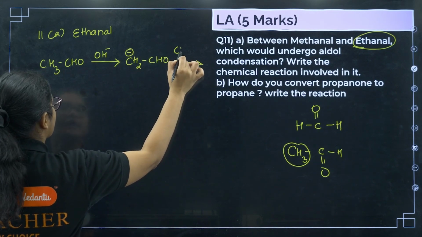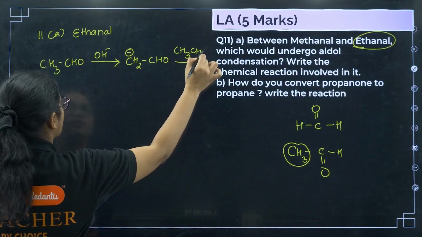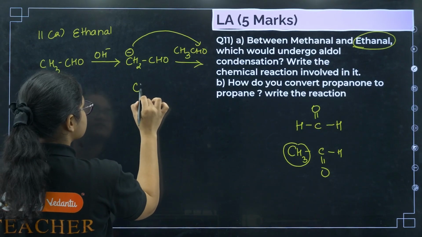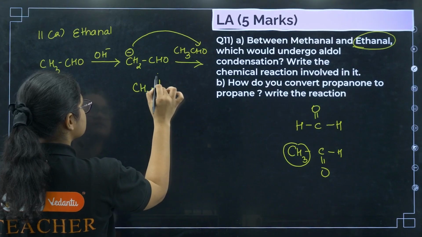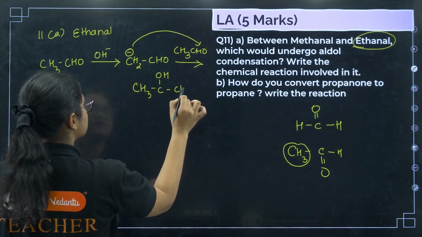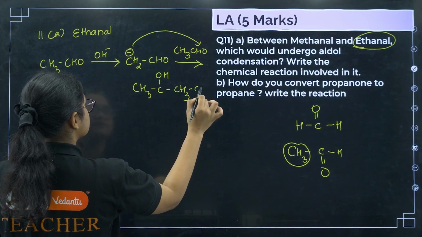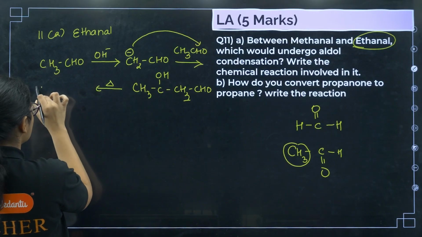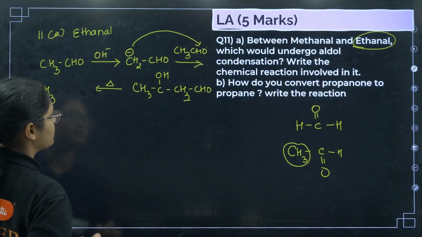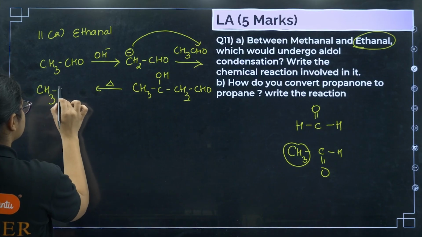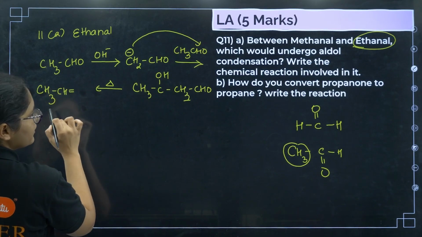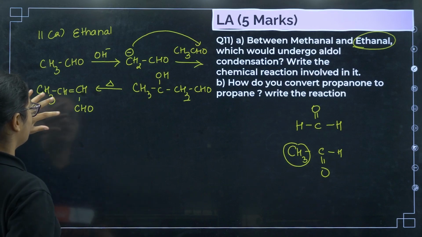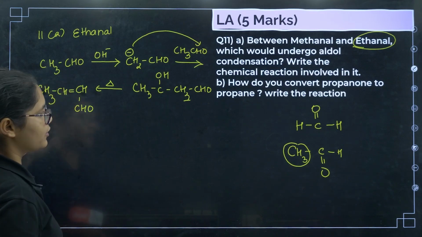This one reacts with another CH3CHO. This one attacks this carbon, and we get a structure like CH3CH(OH)CH2CHO, and after that H and OH will be removed by dehydration, so you will get CH3CH double bond CHCHO. So that is the product formed here.